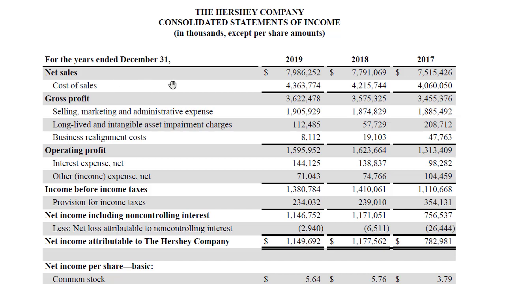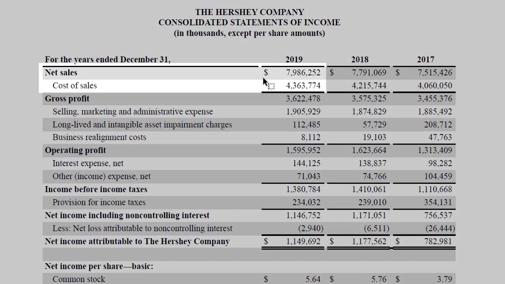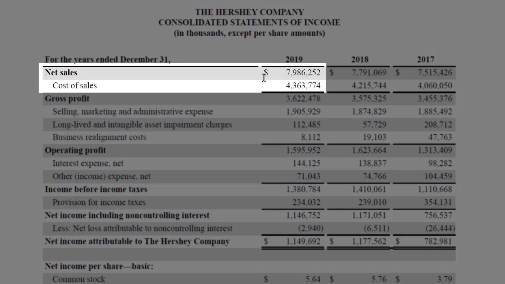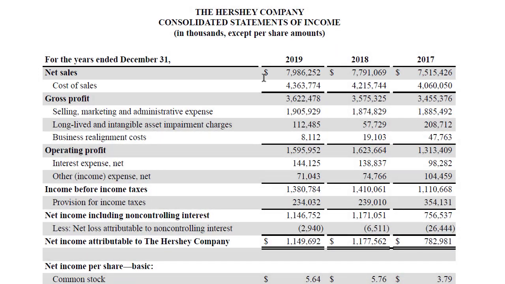This might be listed as cost of revenues, but basically it's how much did the product that the company or service that the company sold cost the company? So in Hershey's case, we can see that to make almost $8 billion in revenues, it cost $4.4 billion. Now that is things like the sugar, the cocoa, some labor would be included in that.